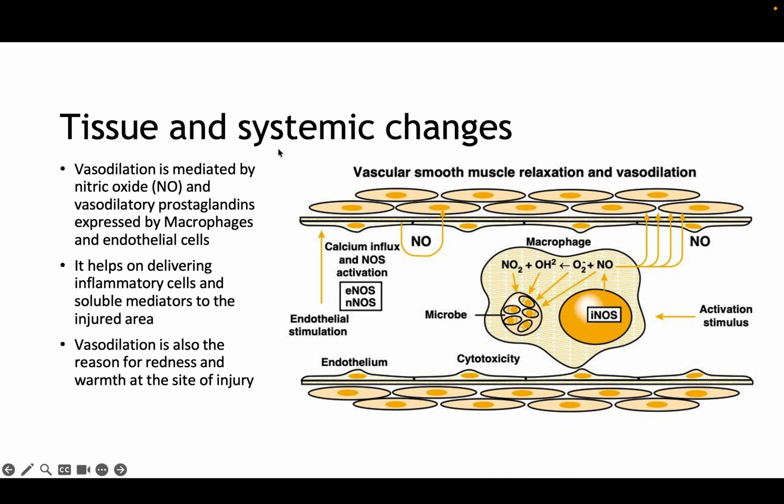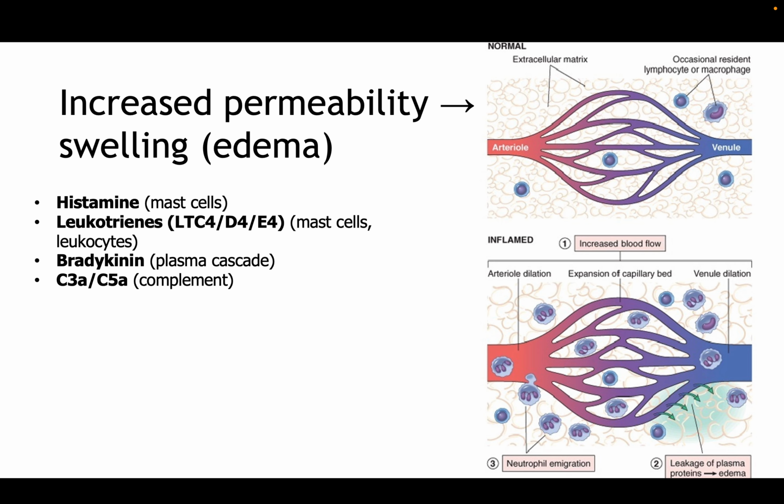Another thing that we also see is permeability, meaning that you start to see swelling. Because the vessel vasodilates, you start to get heat, because you're increasing the volume, so there's much more blood, so you get much more heat and redness. But you also get something called permeability.